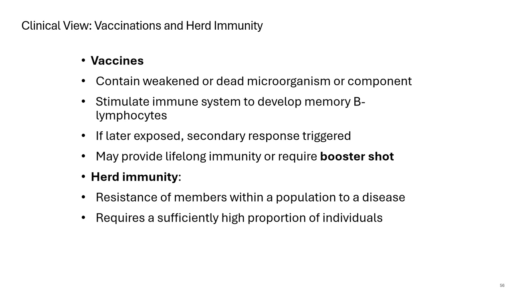And so if you don't have that herd immunity, you don't have a high enough vaccination rate in the population, then the spread of the virus, in this case the measles virus, is going to be much more severe, right? And so vaccinating yourself not only protects you, but it's actually protecting other people as well, right? So vaccination is an extremely important and extremely necessary public health measure, but also individual health as well, right?